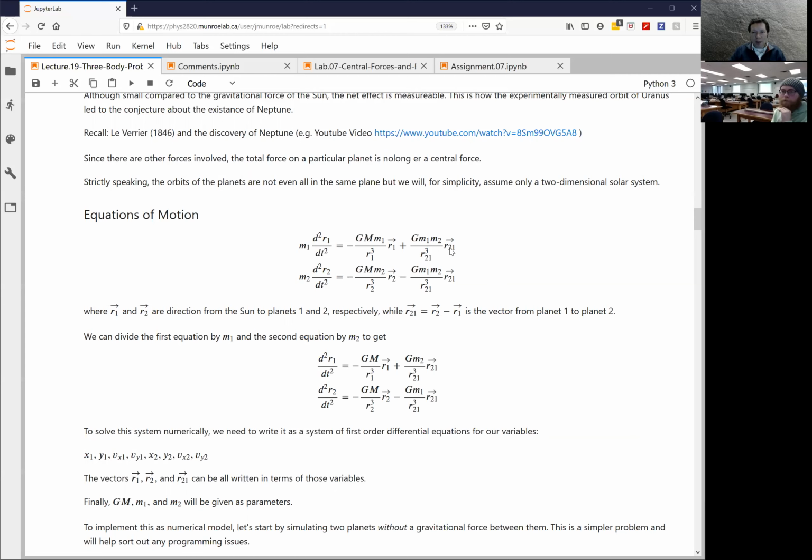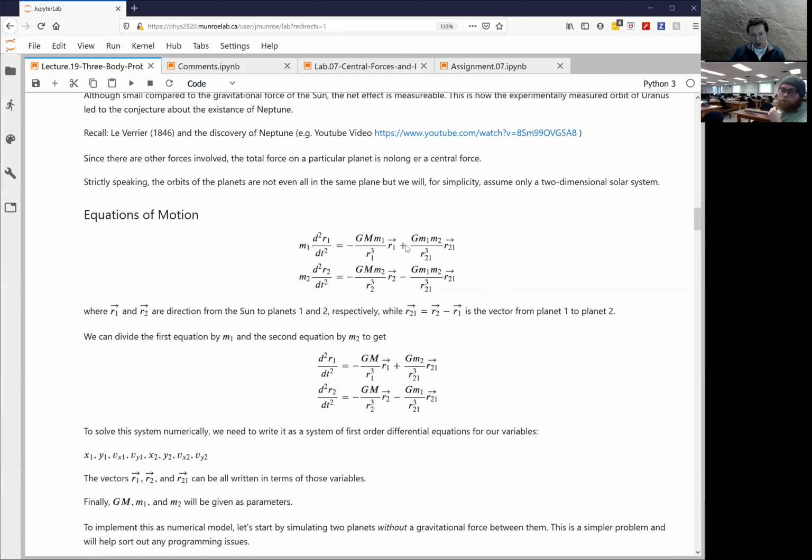Now, if you talk about the force of one planet on the other, by Newton's third law, that's going to be equal and opposite to the force of the other planet on the one. So you either could write these equations down as the vector from 1 to 2 with a minus sign here, or you can talk about the vector from 2 to 1, that is flipping it around, and just have one of these things being positive and one of these things being negative.